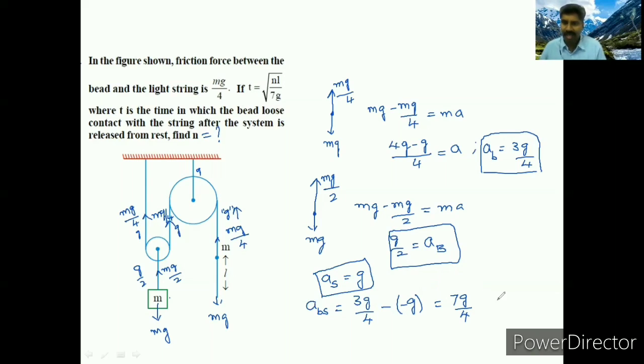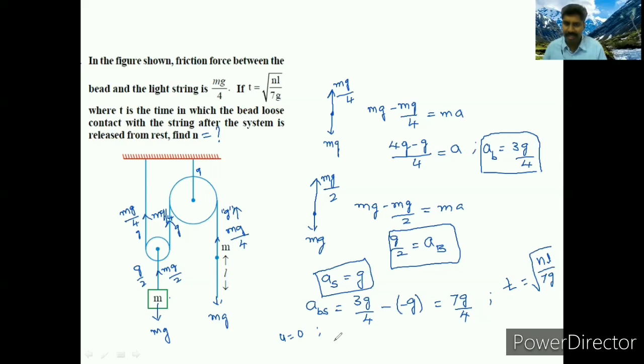Now they gave the t value, under root of nL by 7g. So here we need to compare, which means we need to calculate the t value first. We got the a value. It is released from rest, so u is equal to 0. S is equal to ut plus half at square, the equation of motion.